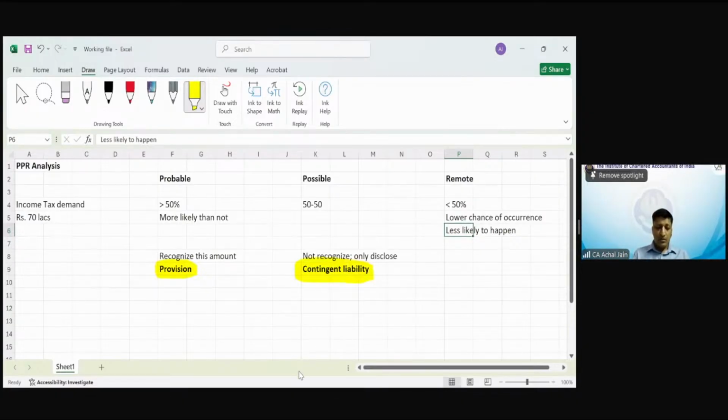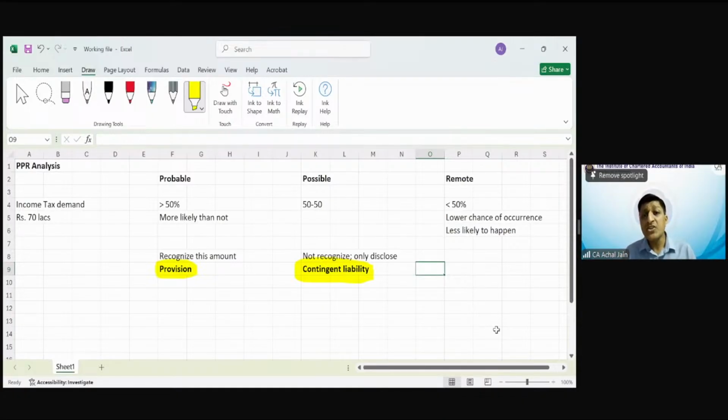So now in that third situation, what will the consultant say? The consultant will say that chances of losing the case are remote. It means the company is going to win the case.